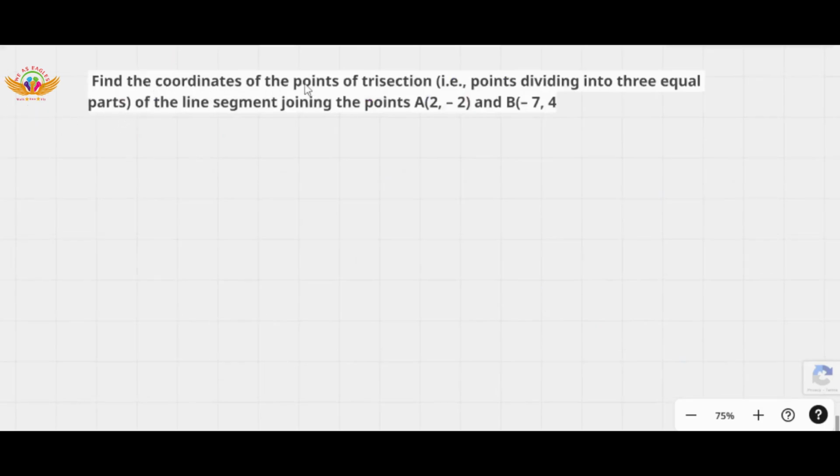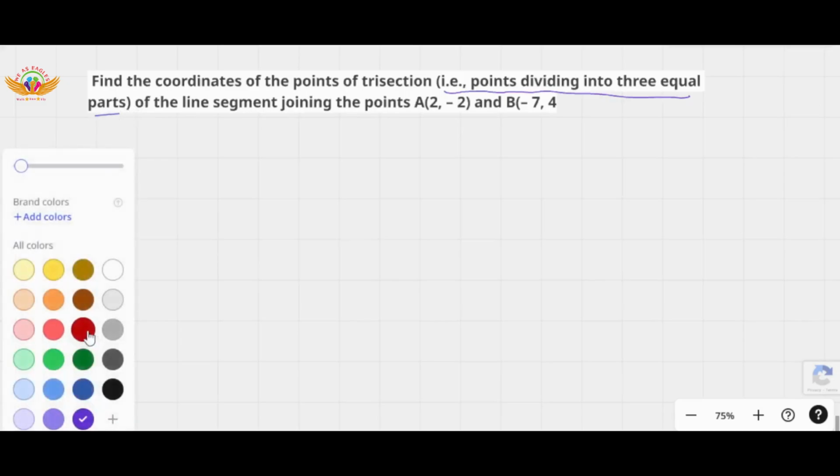Find the coordinates of the points of trisection, that is, points dividing into three equal parts. Today in this problem I want to tell you a very important formula. I'm going to write it in red color.